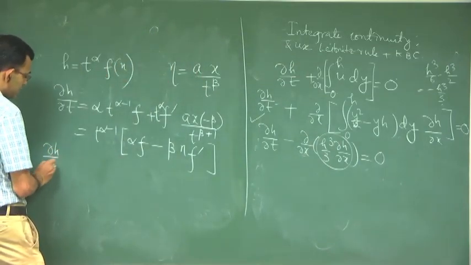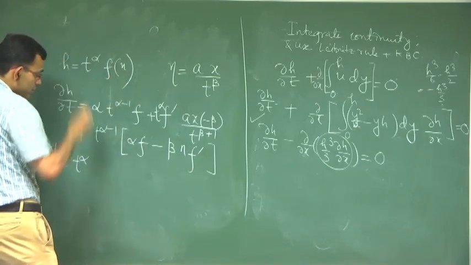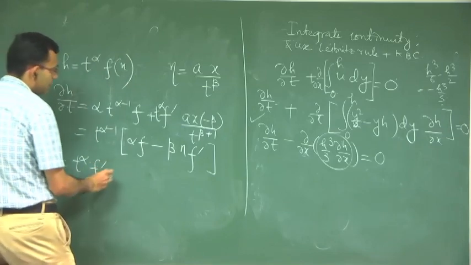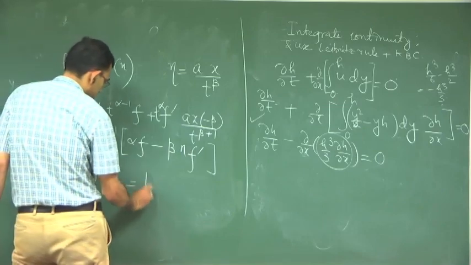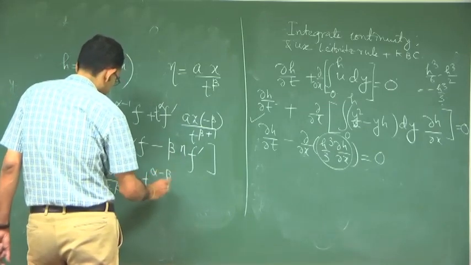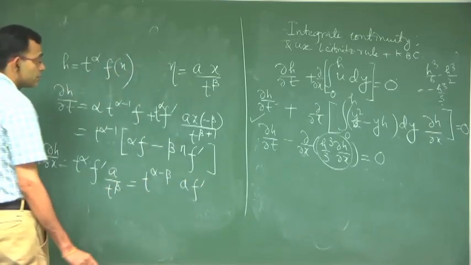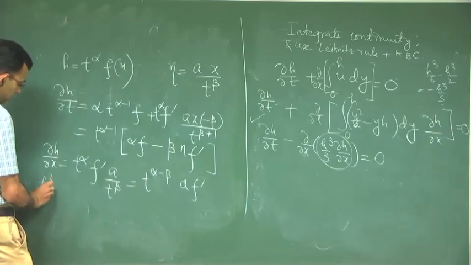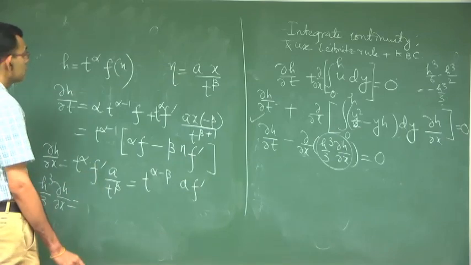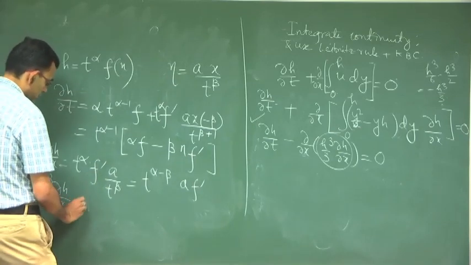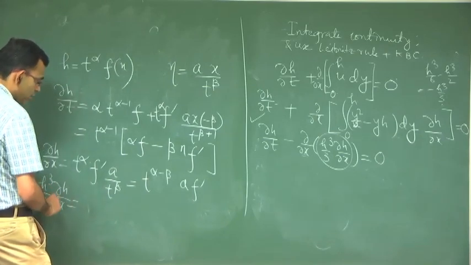del h del x, this is more straightforward to calculate because this is only function of x, df d eta del eta del x. h cube by 3.